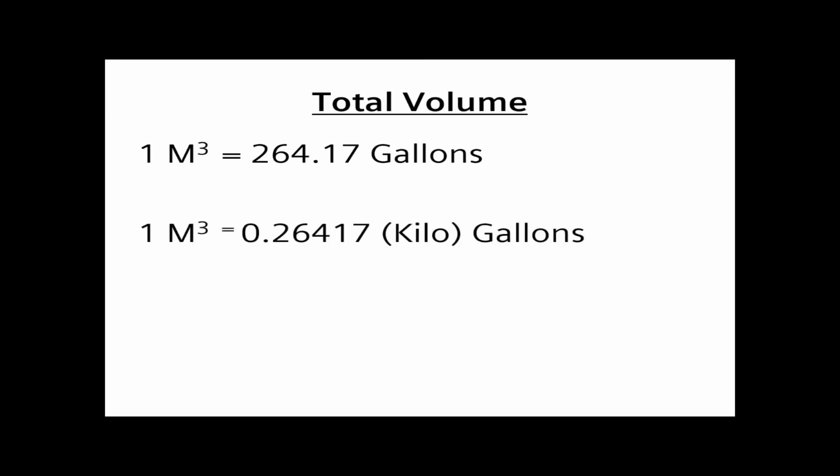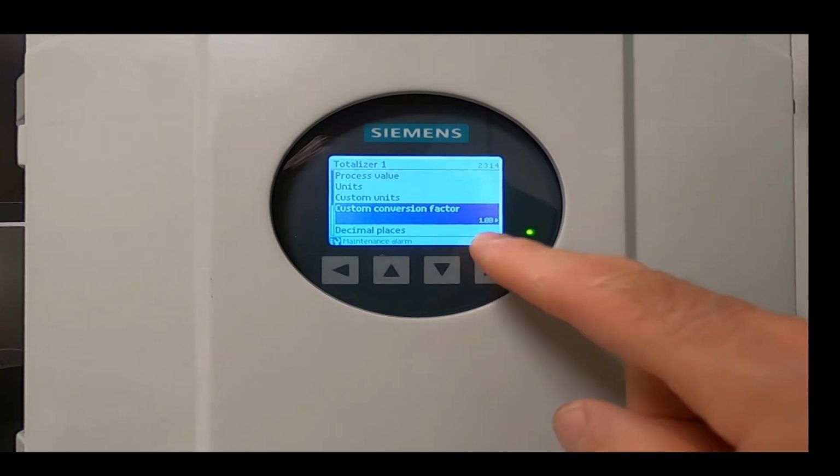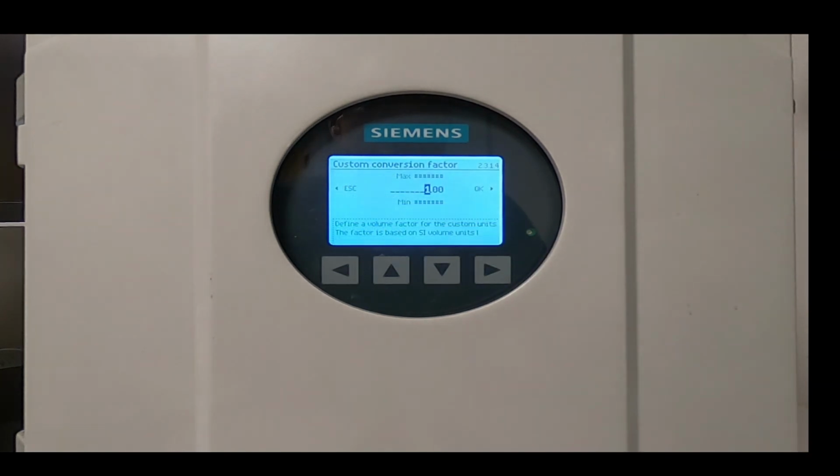If we look at total volume units, we find again that 1 cubic meter is the equivalent of 264.17 gallons, as we found for the flow rate units. 1 cubic meter is also the equivalent of 0.26417 kilogallons. Therefore, there's our conversion factor. As we just calculated, our custom conversion factor is 0.26417.